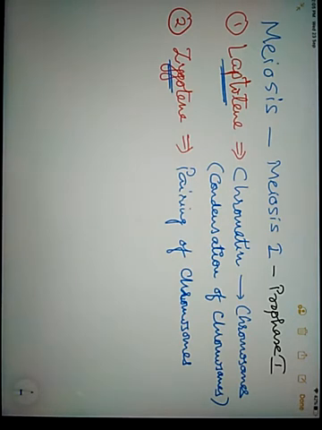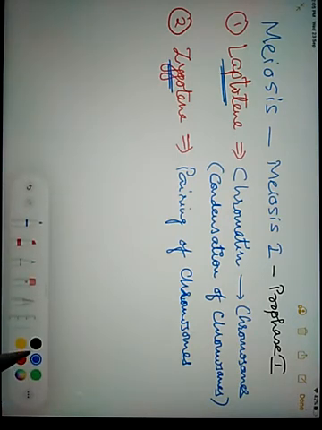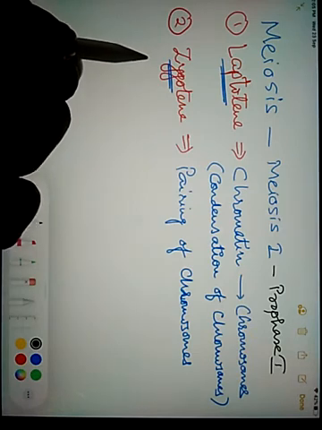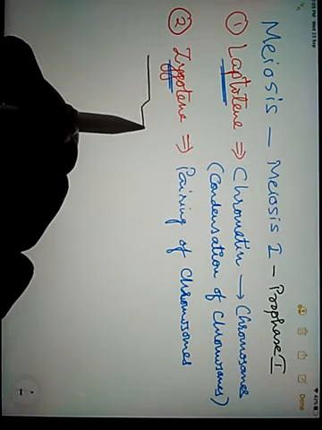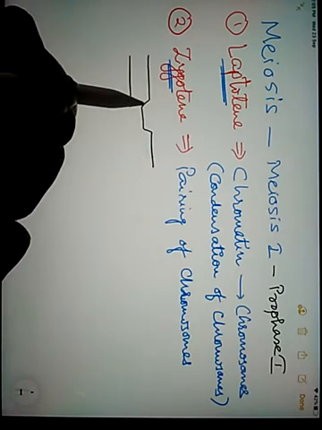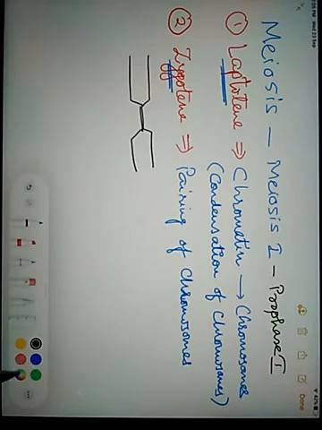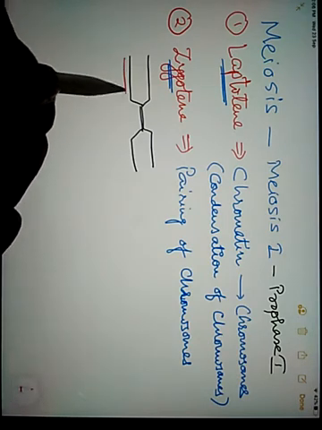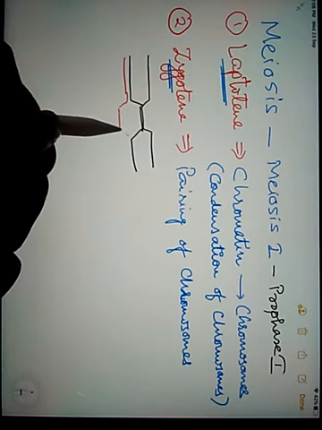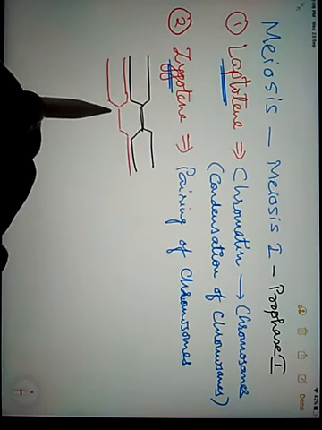Now, due to pairing, two types of chromosome are getting together. For example, if I talk about one pair, the paternal one is mentioned in black color, and the second one is maternal, that is red in color.